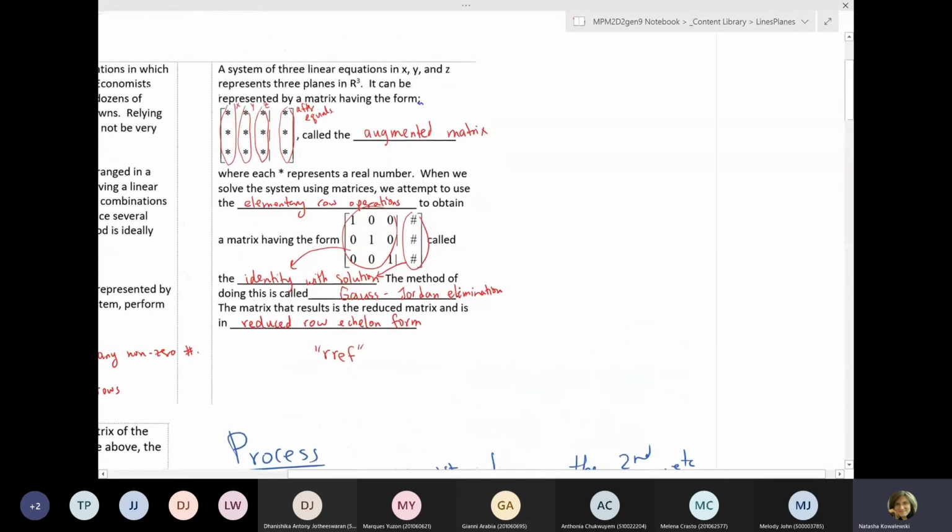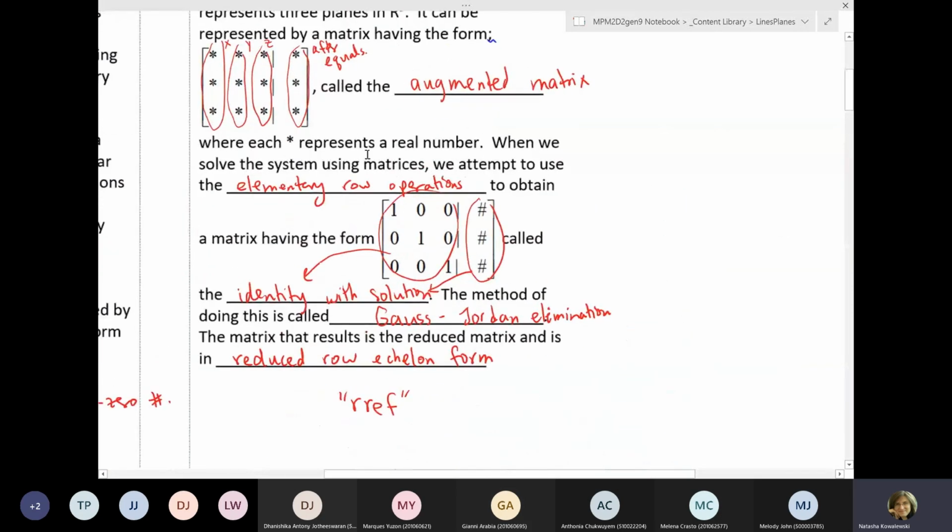So if you're working with the first column here and you have different numbers that may not be ones and zeros yet, your goal is to get the 1 first. In the first column, the 1 should be on the top, as you can see over here. Once you get that 1, your goal is to get the ones below it to become zeros. Then and only then you move on to the second column.